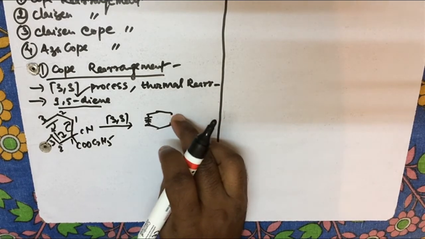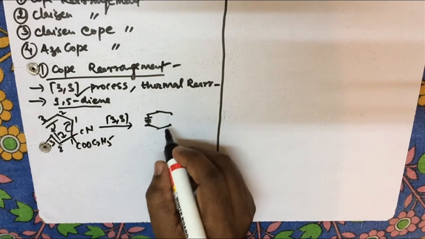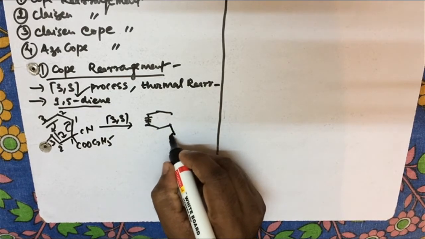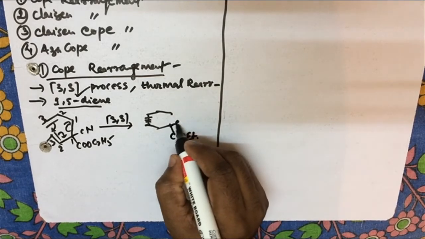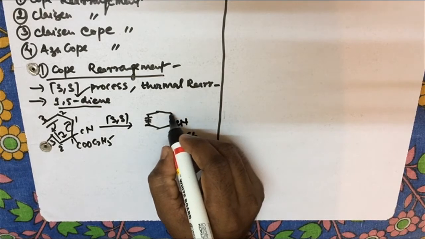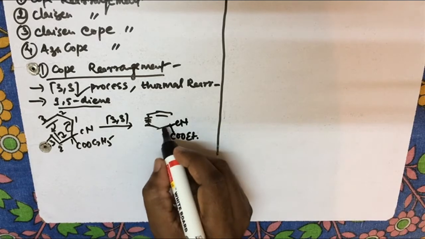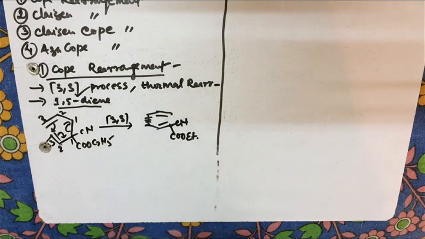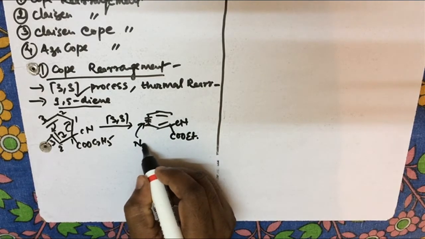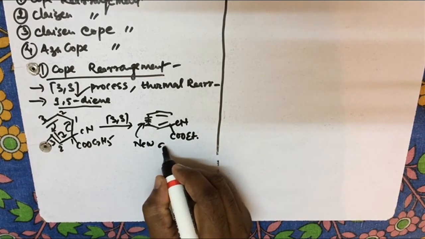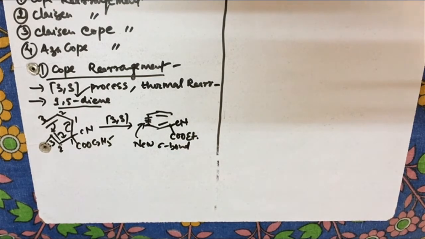So it will look like this, and this forms a double bond, and here the single bond. This is the product, and this is the new sigma bond. So this is the Cope rearrangement.